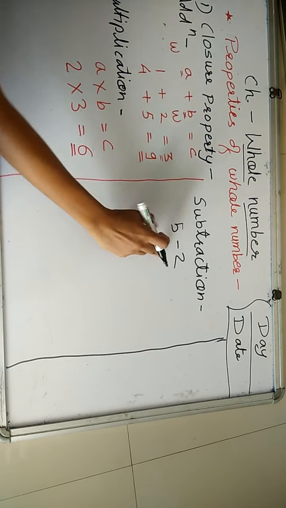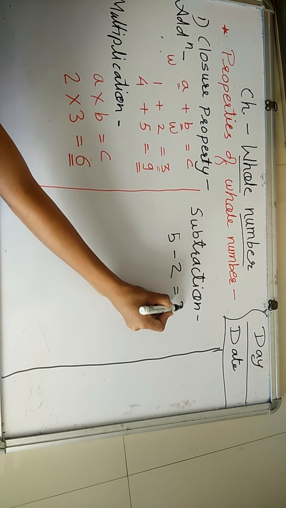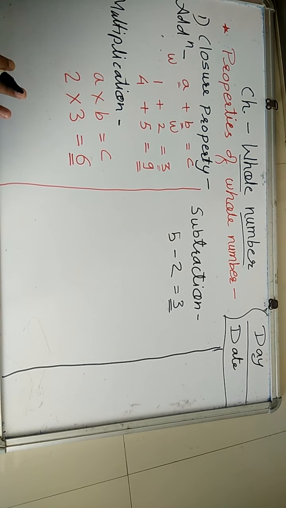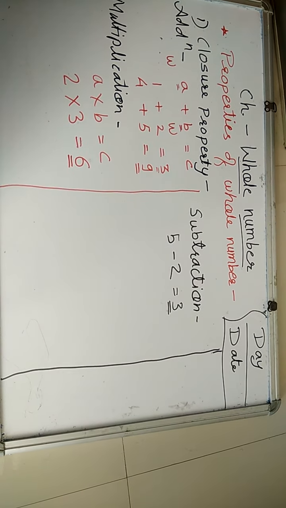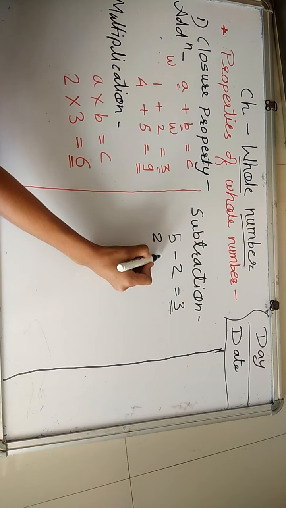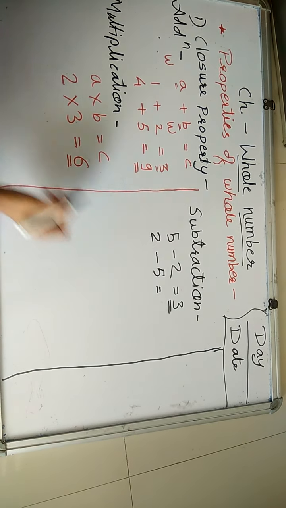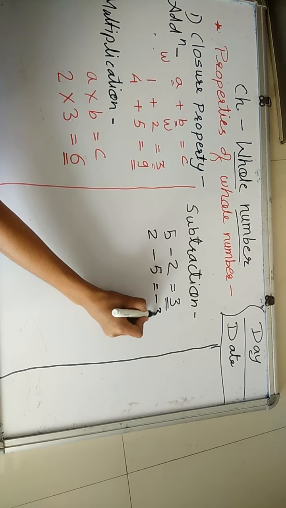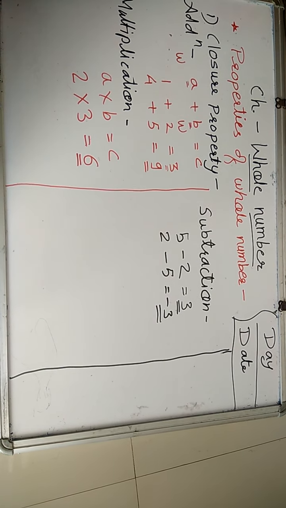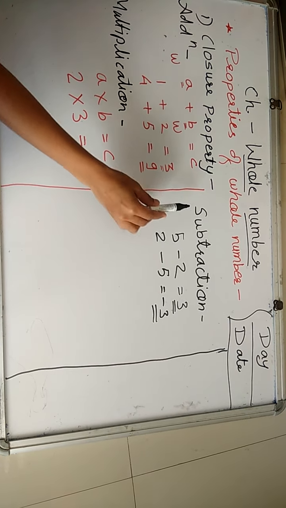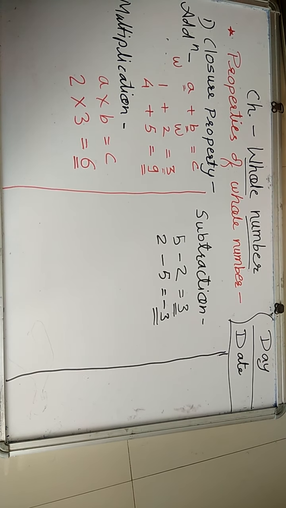Subtract: 5 minus 2, the answer is 3. Sometimes the closure property works for subtraction but not every time. If I subtract 2 minus 5, what will be the answer? The answer will be minus 3. Remember, minus 3 is not a whole number. That's why this closure property does not work for subtraction.